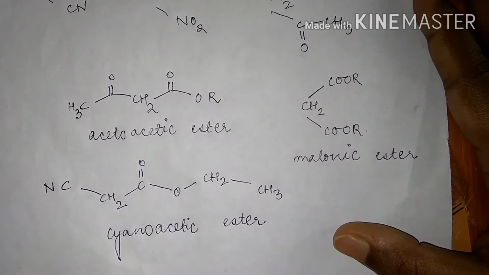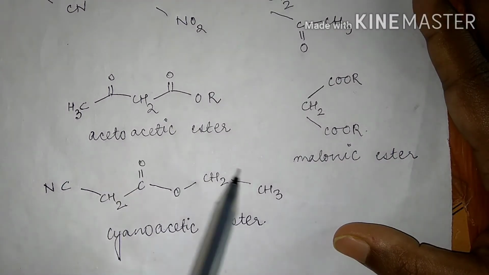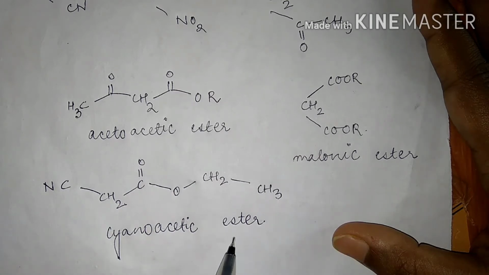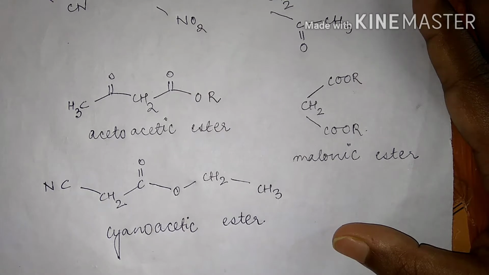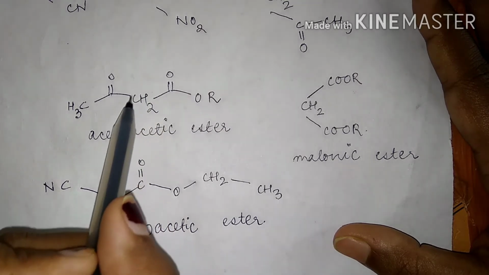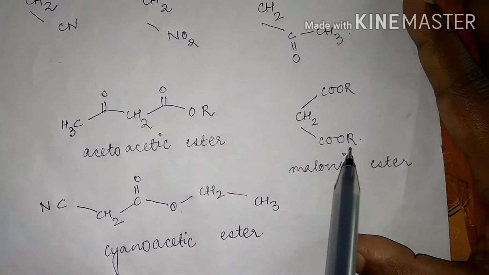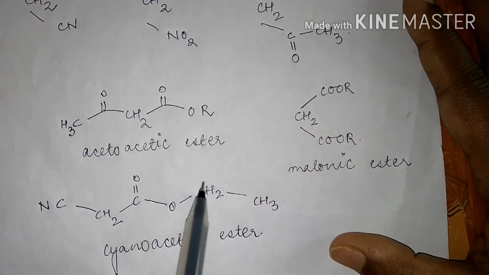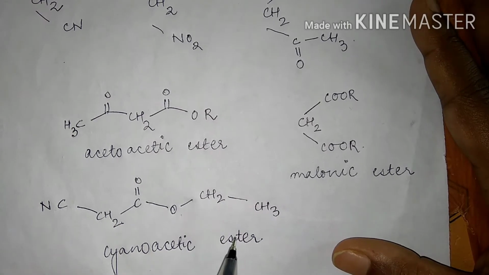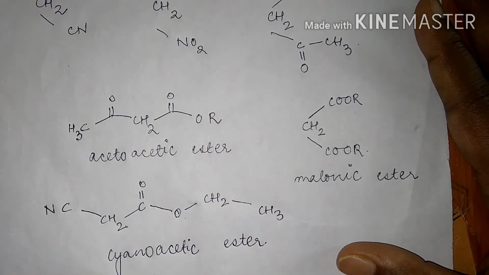Now these three compounds, acetoacetic ester, malonic ester and cyanoacetic ester, are examples of active methylene compounds because there is a CH2 present between two electron withdrawing groups in all three compounds.